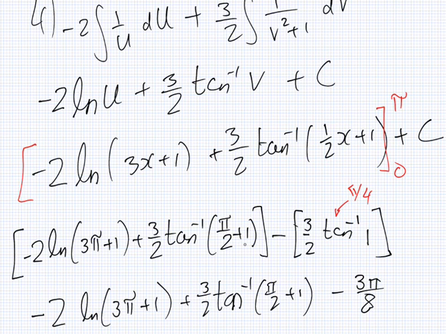If there was something like 2 log 3 pi plus 1 at the start, then because of the minus here you can put them together as 1 log. And that usually happens in the exam, it just didn't happen in this question. So this is the simplest I can make it. Okay.